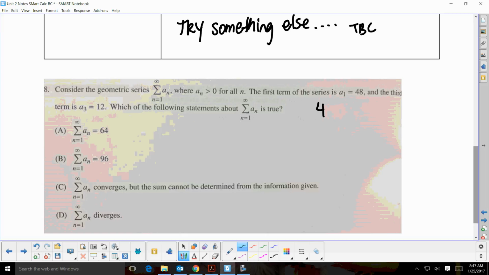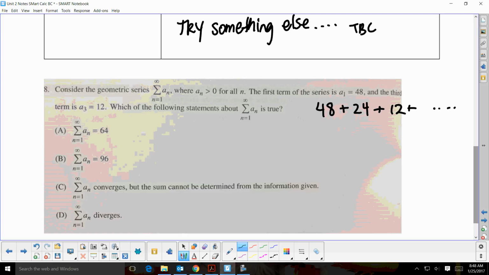So I'm seeing that the pattern goes 48 plus, we don't know, plus 12. What would that one have been? Do you guys all see that okay?